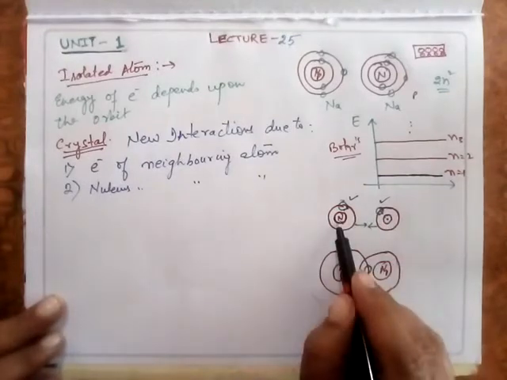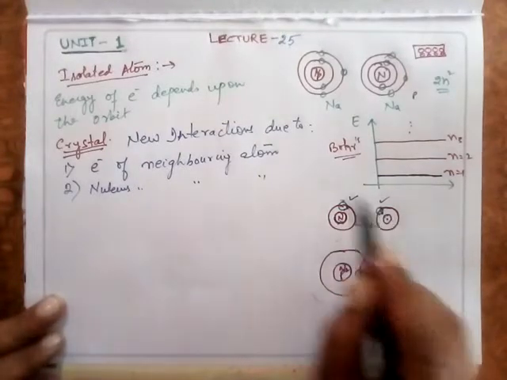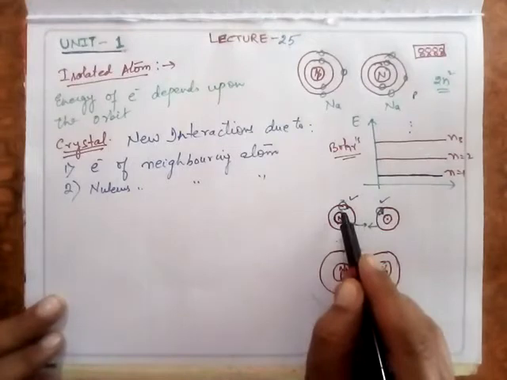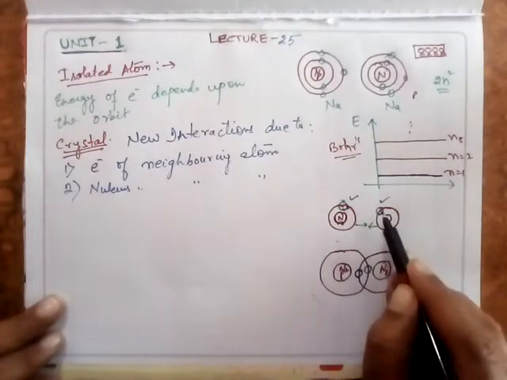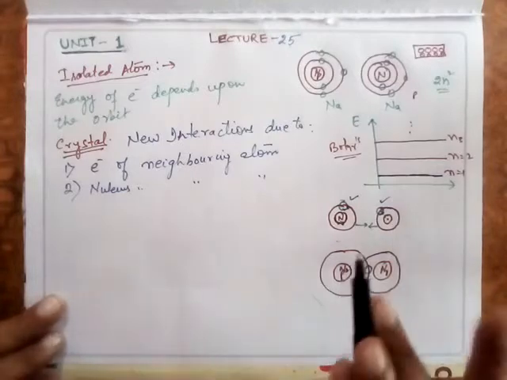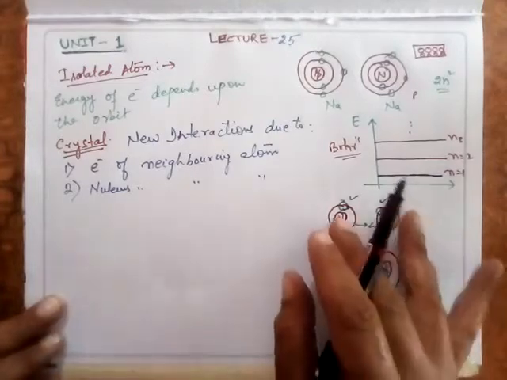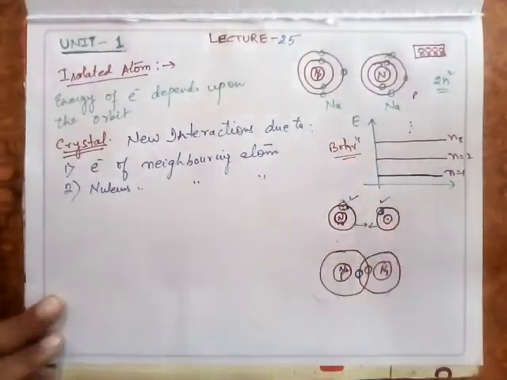When they come close, the electron will have interaction because of this neighboring electron as well as this neighboring nucleus. Of course, it will have interaction with its own nucleus also, but that is a different thing. The point is that because of this, some energy will change.